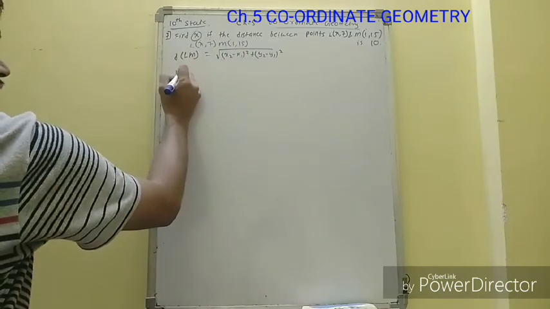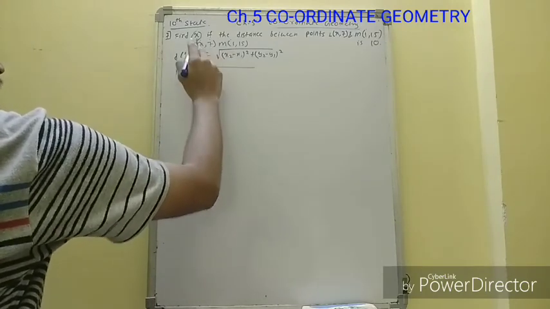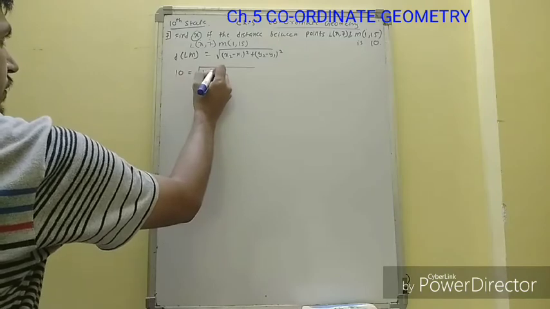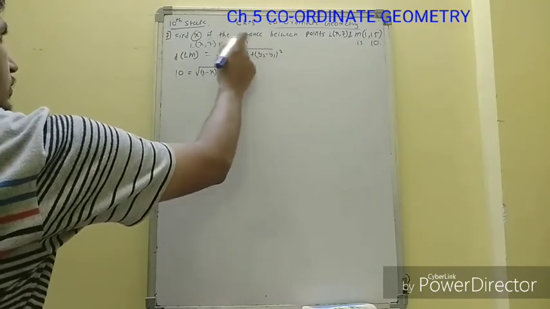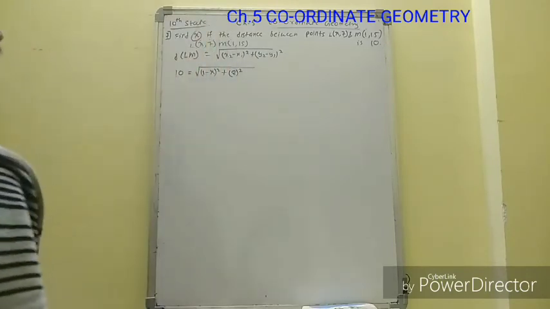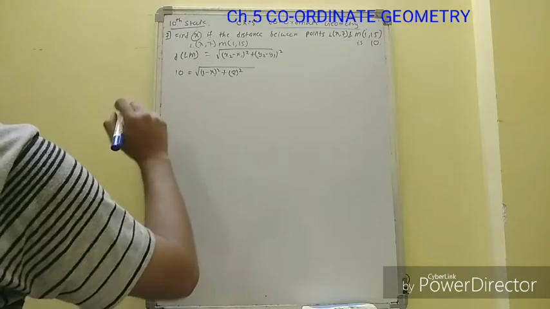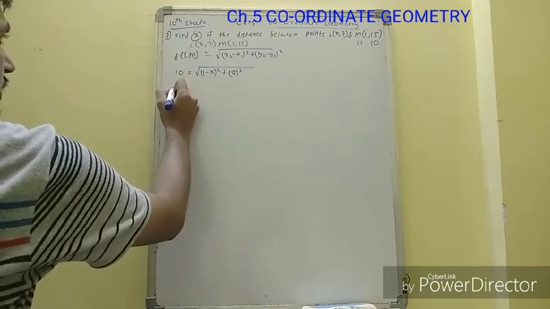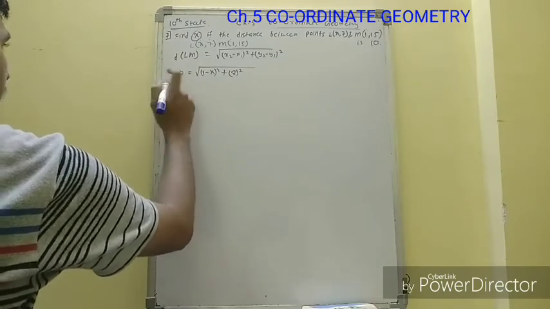We know the distance is 10, the square root of x2 minus x1, 1 minus x, the whole square, and y2 minus y1, 15 minus 7, that is 8 square. 15 minus 7, that is 8, right? So 10 as it is, or I will do one thing, I will square both the sides.